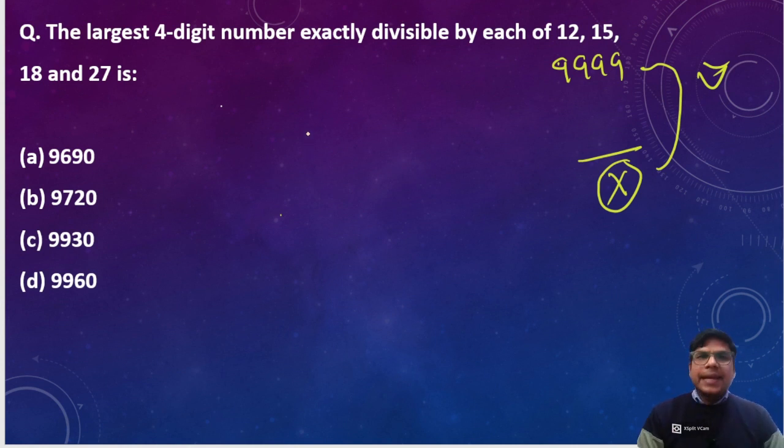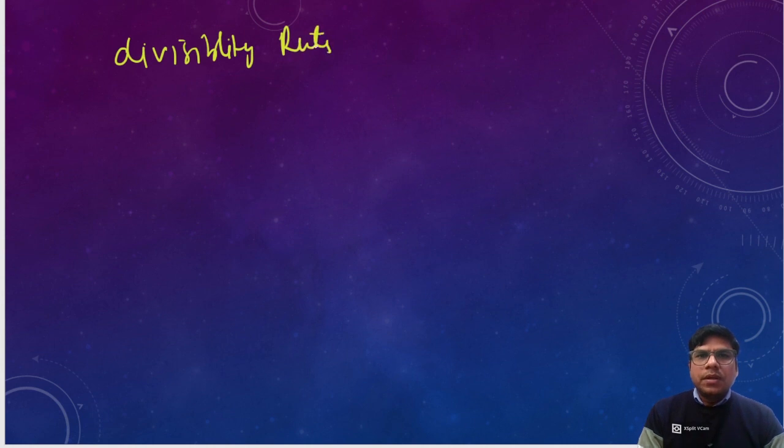So is there any other method, any other trick that we can apply and solve the question within 10 seconds? Yes, of course there is. But for that you have to know something. You have to know the divisibility rules.